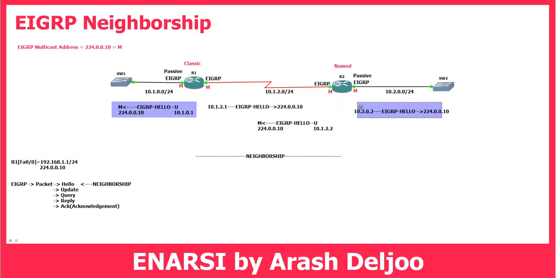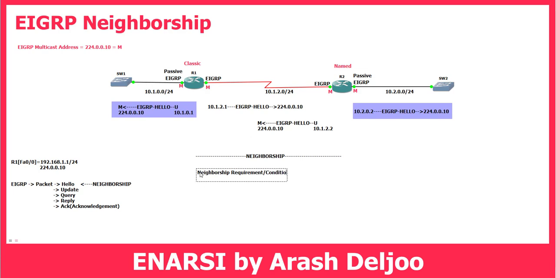You know that until now we have learned about the neighborship, and we know how the neighborship is established after sending the EIGRP hello. But now we have one important question. The question is: what are the neighborship conditions in EIGRP? For neighborship, we have some requirements, we have some conditions, okay?